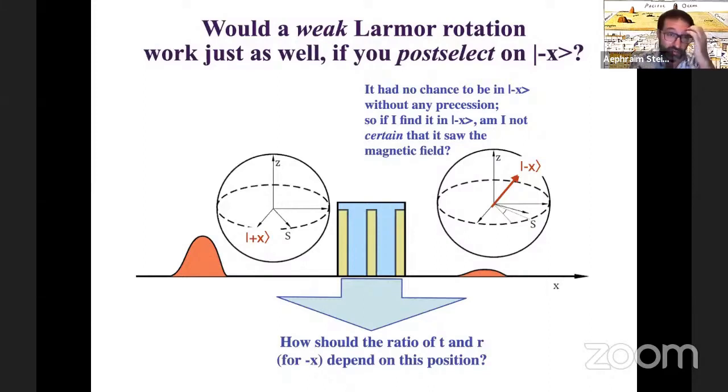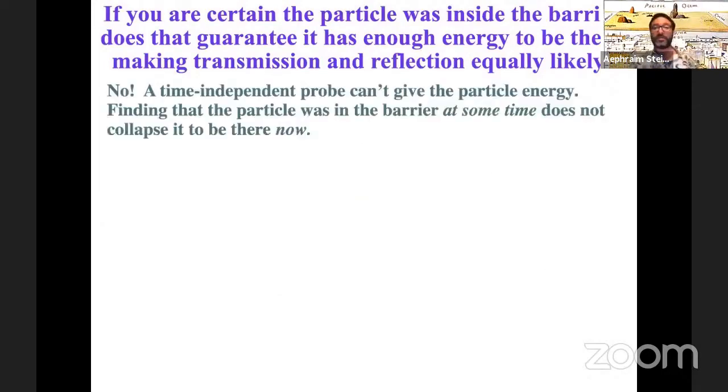So my student David Spearings simulated this stuff, and he found that my conjecture was incorrect. This doesn't happen, and the simple way to understand that in retrospect is that this time-independent probe can't change the particle energy. So there's no way that this could give the particle enough energy to traverse the barrier.